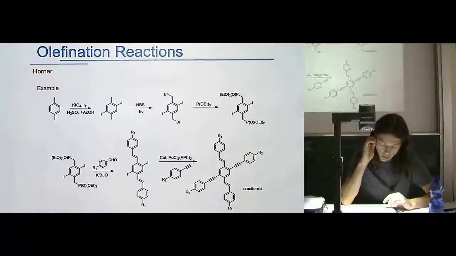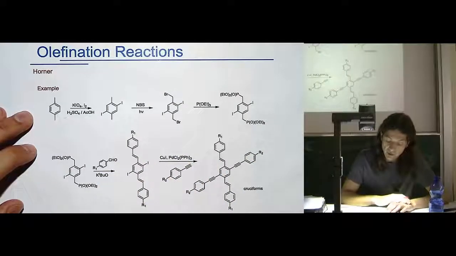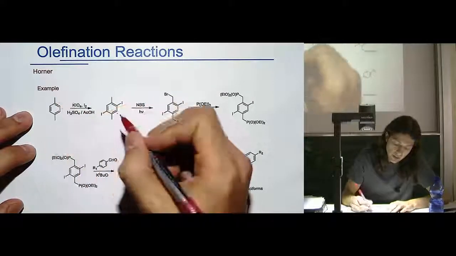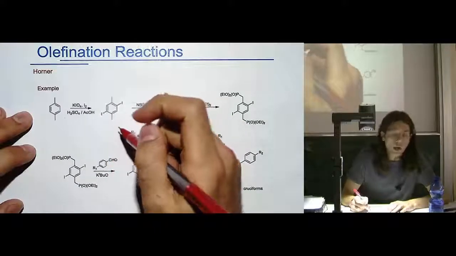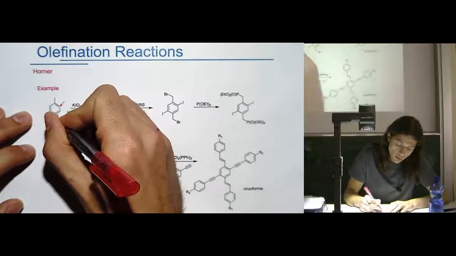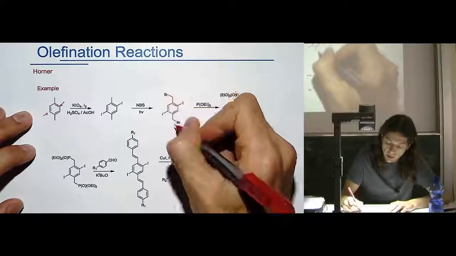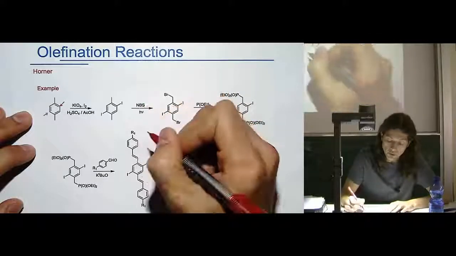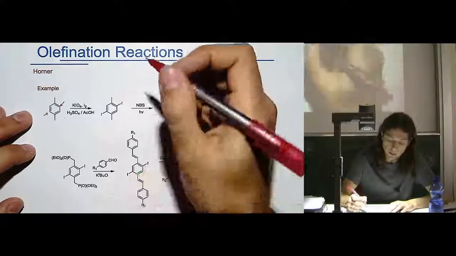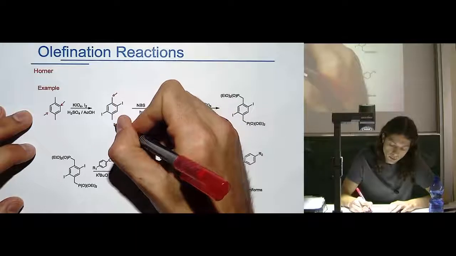So first of all, the reaction starts from this para-xylene derivative. We have an iodination reaction, which happens quite selectively in these two positions, ortho to the methyl group. Then we have bromination with N-bromosuccinimide. This is a radical reaction that takes place, of course, only in the benzylic positions.